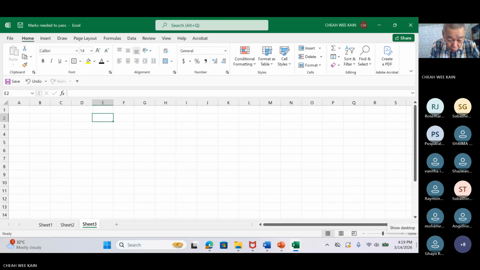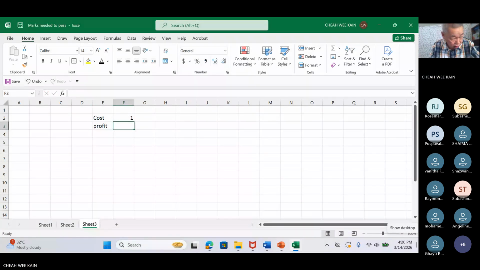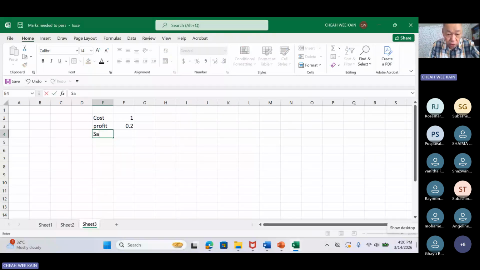Okay. Now, the cost of making a chapati, let's say $1. Now, you want to have a certain profit to invest. It is the gain from your sweat. Let's say it's 20%. So, you want to sell at how much?